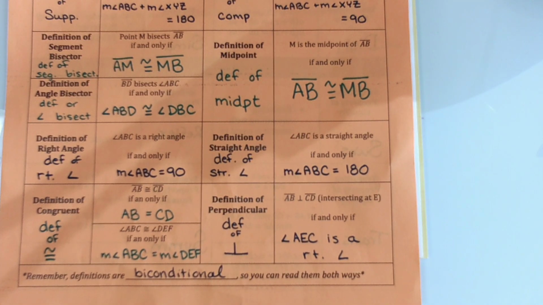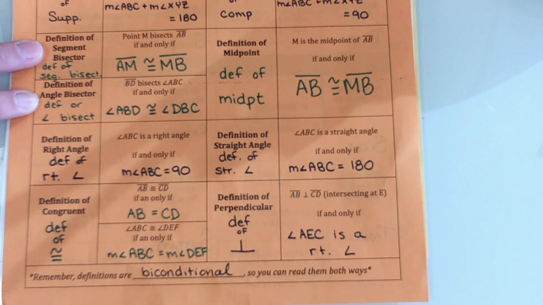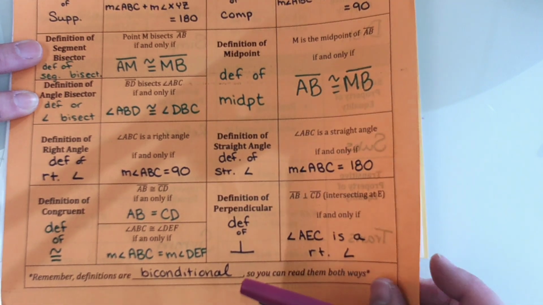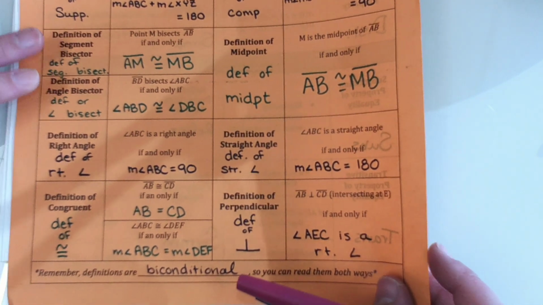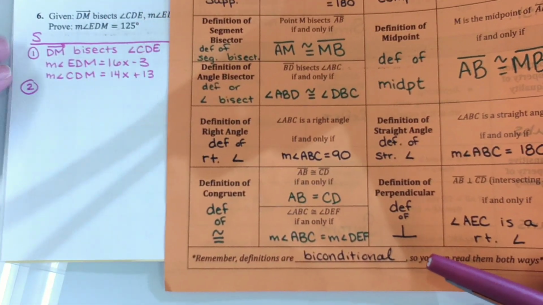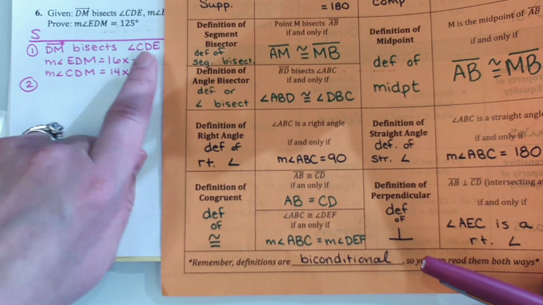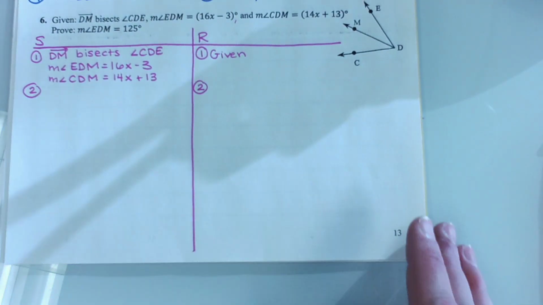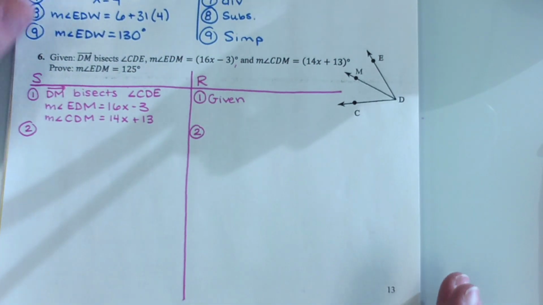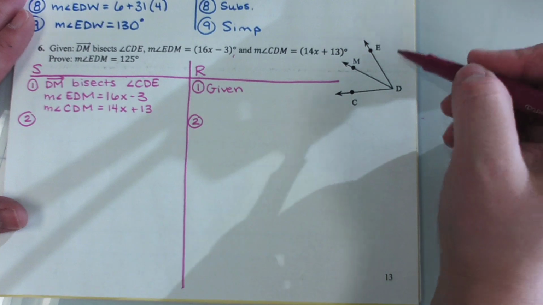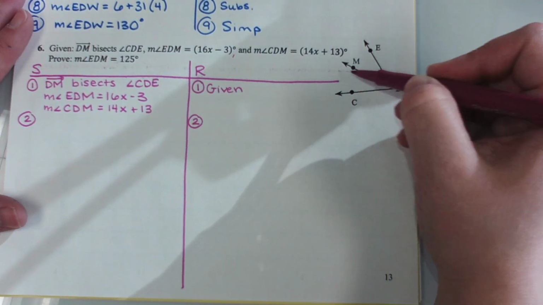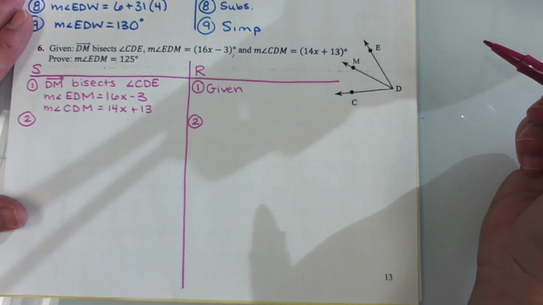Left side? There's 2 of them, isn't there? Is it a segment bisector or an angle bisector? Angle bisector. Now, according to this, that means we have some congruent angles by name. Use the picture to figure out which angles are congruent.